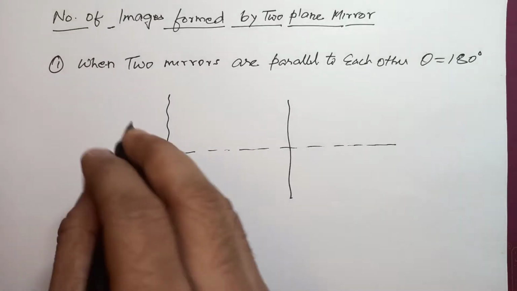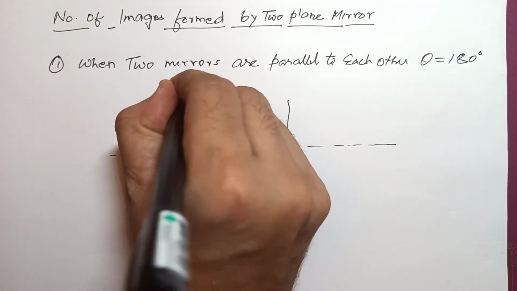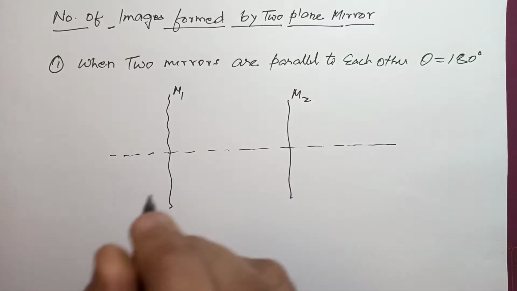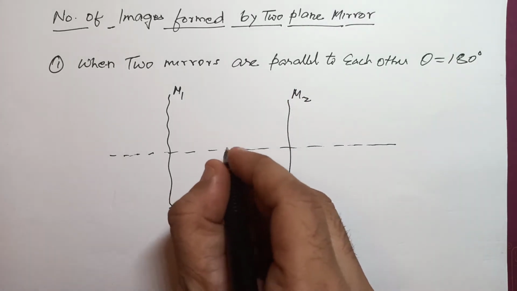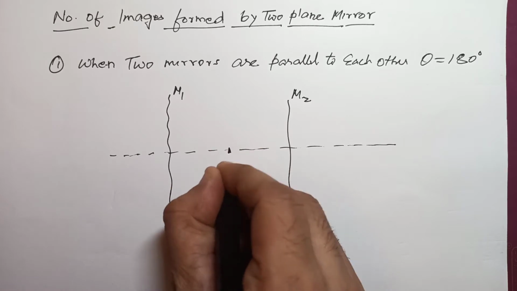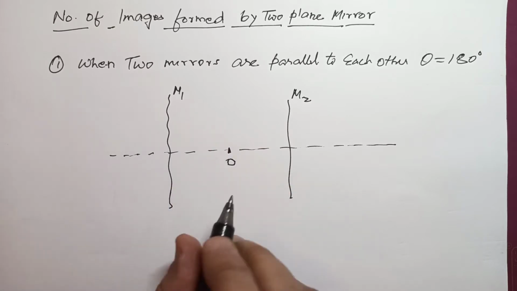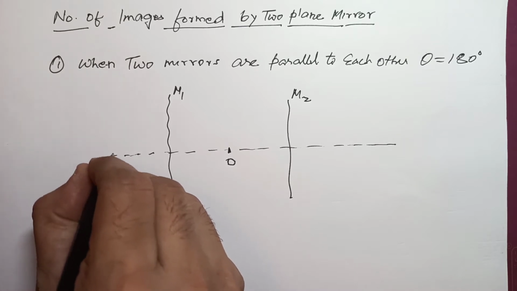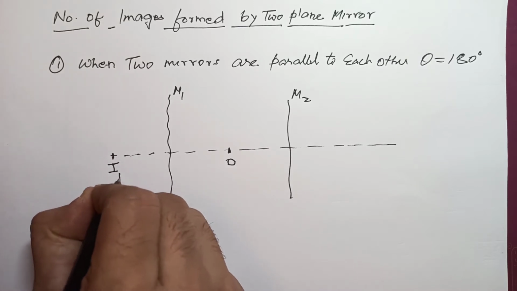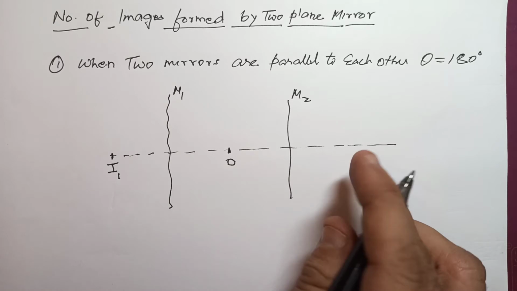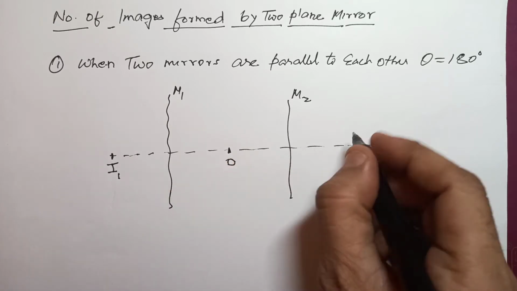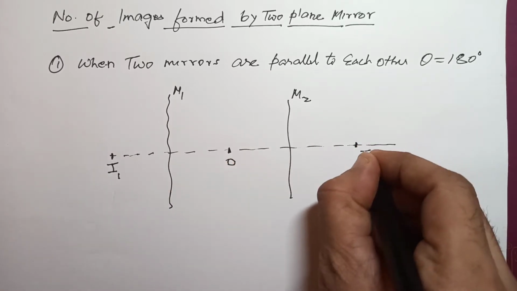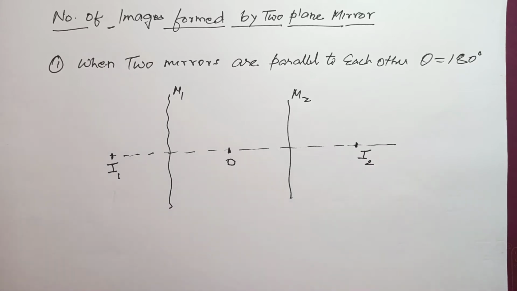So this is mirror 1, this is mirror 2, and the object is in the middle. If it is here, we will get the first image at I1. The second image I will get from the other mirror, let's say it is I2.